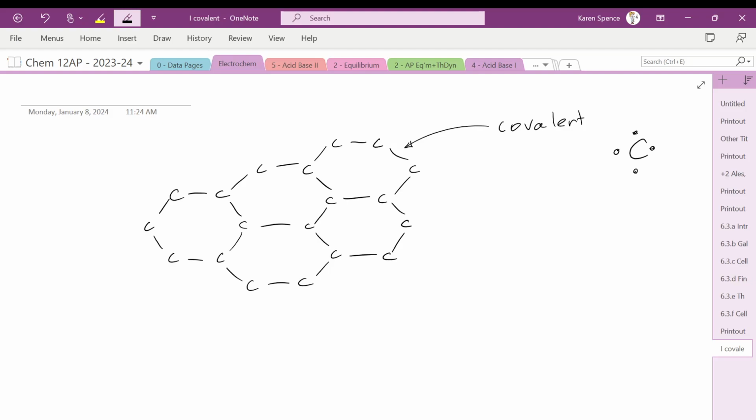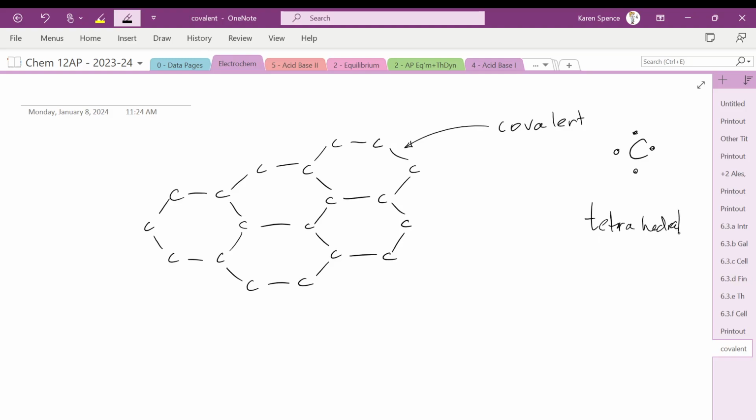What shape are each of these individual carbons? What molecular geometry? That is a tetrahedron, yes? Tetrahedral. What is the hybridization if it is tetrahedral? You're like, oh crap, I thought I never needed to know that again.